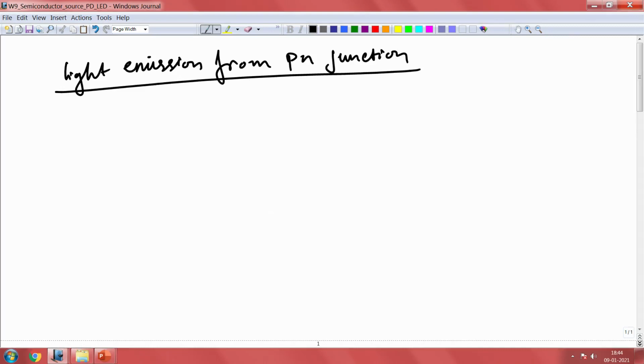In particular, when we say we want to get it from a PN junction in a semiconductor, it is through electroluminescence.